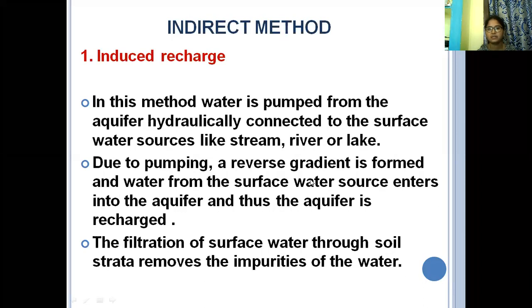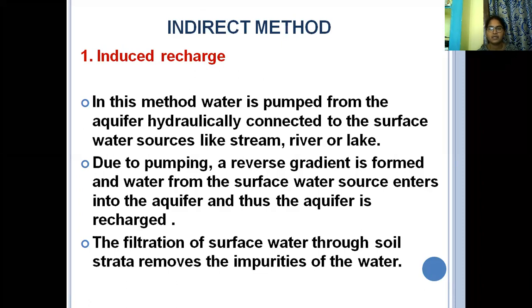And indirect methods. In this method, water is pumped from the aquifer hydraulically connected to the surface water like a stream, river or lake.